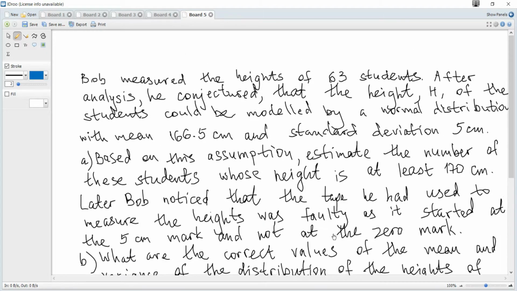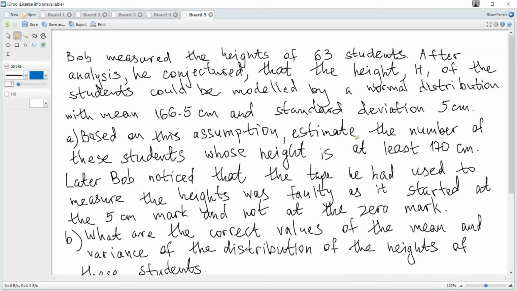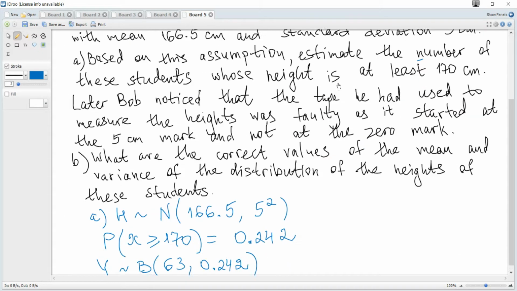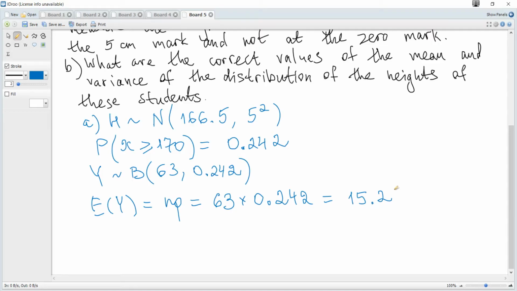But it's required to estimate the number of these students, so it means we need to round to the whole number, and we can write that approximately 15 students.